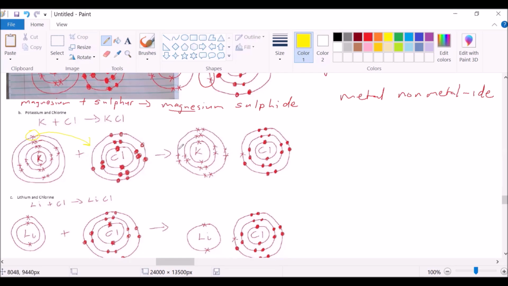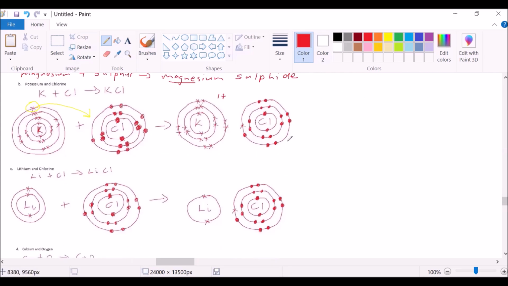Now, the potassium ion formed has lost 1 electron, so it has more protons than electrons. Its charge will be 1+ or +1. And the chloride ion formed will be 1-. So this cross here is representing the electron that is coming from the potassium.